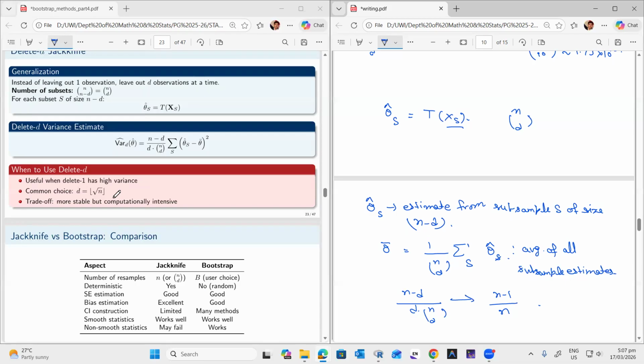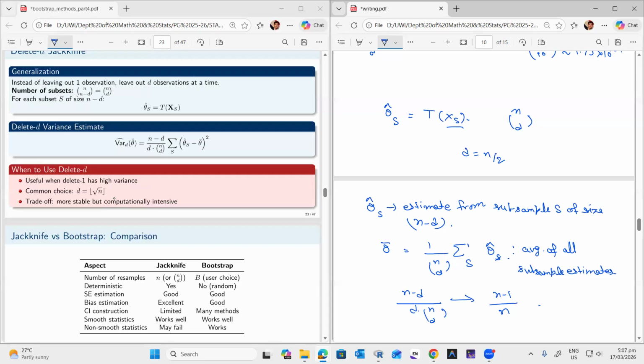If d is too large, say d equals n by 2, each subsample is much smaller than the full sample, so theta cap S has a large bias compared to the others, and the average theta bar may be a poor approximation of theta cap.